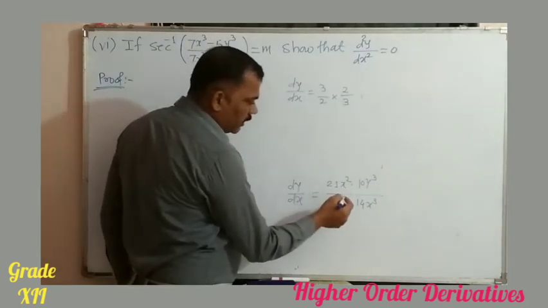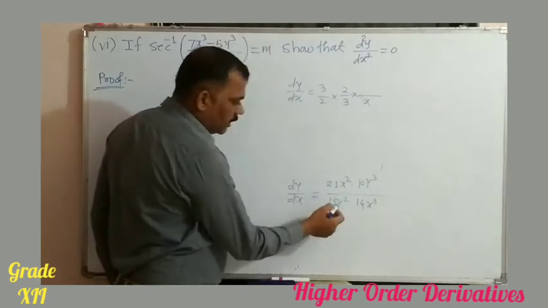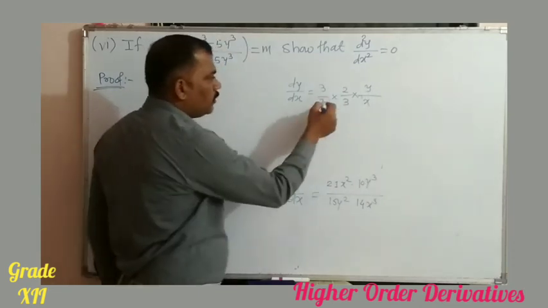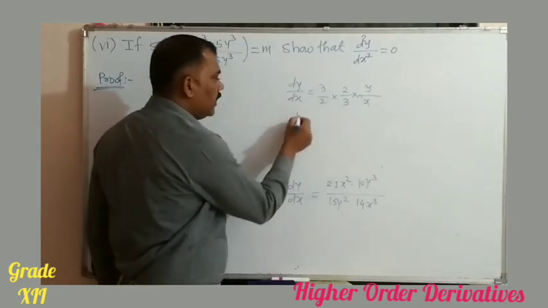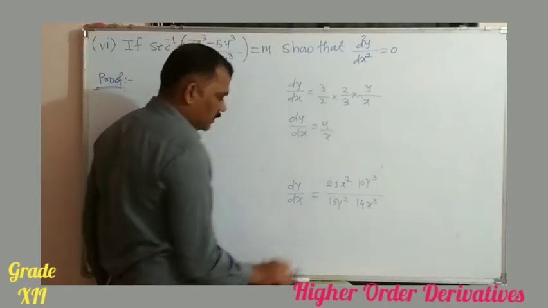Here x square is there, here x cube is there, so in the denominator x is remaining. Here y square is there, in the numerator y cube is there, so y is remaining. 2 gets cancelled, 3 gets cancelled, so dy by dx is equal to y upon x.